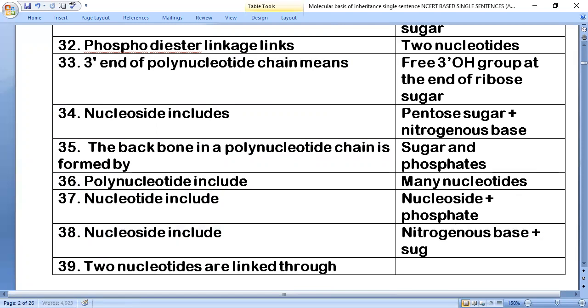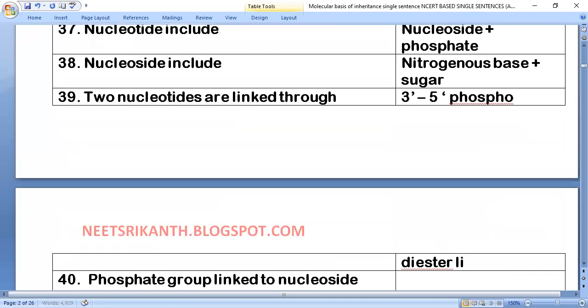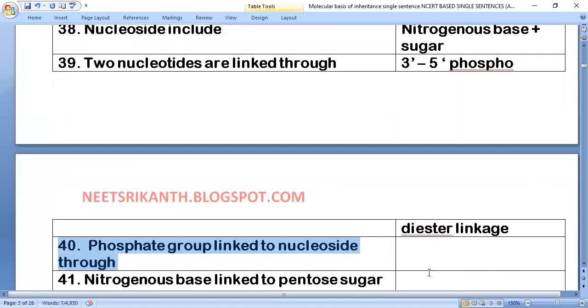Two nucleotides are linked through 3',5' phosphodiester linkage. Phosphate group is linked to nucleoside through phosphoester linkage.